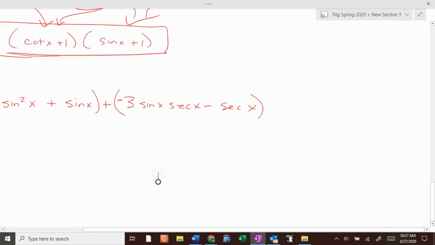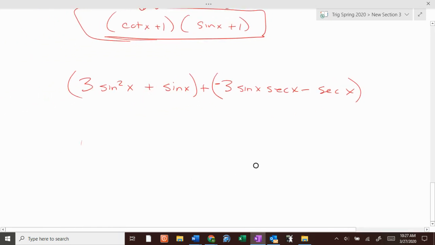Now, what's greatest common factor? Whoa! What's greatest common factor of these two? Well, it's sine of x. So then it's 3 sine of x plus 1. Greatest common factor of these two is negative 1. Oop, not just negative 1, negative 1 secant of x. And you get 3 sine of x plus 1.